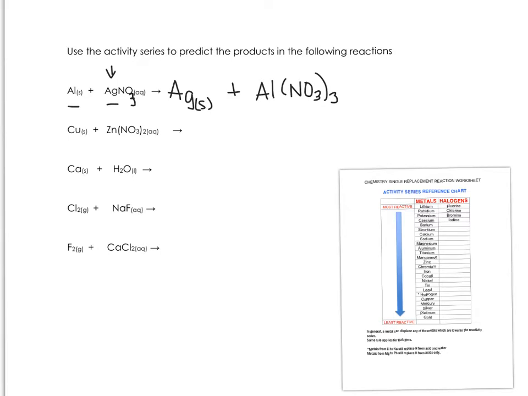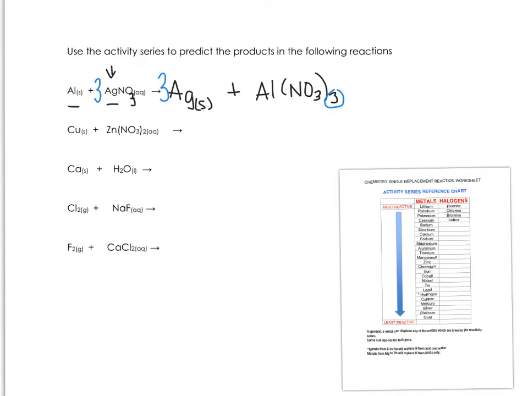We have 3 nitrates on the right, so we need 3 on the left, which changes our amount of silver. So now we need 3 silvers. So we have 1 aluminum, 3 silvers, 3 NO3s, 3 NO3s.